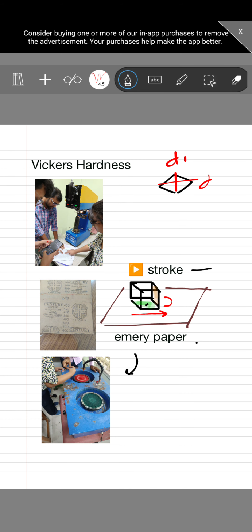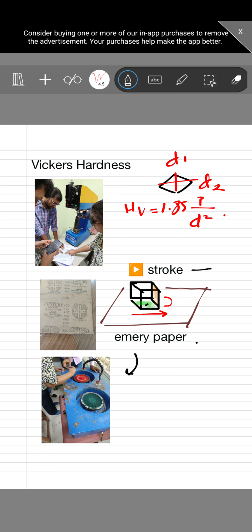The Vickers hardness is approximately 1.8544 times the force applied divided by d square.